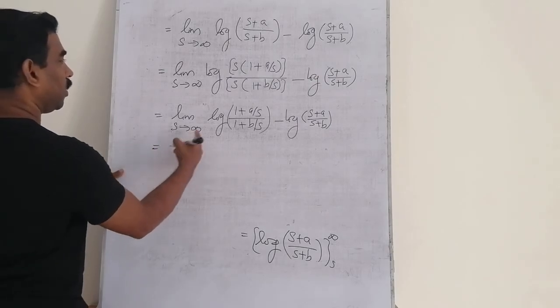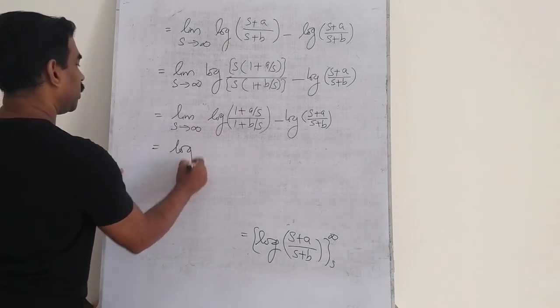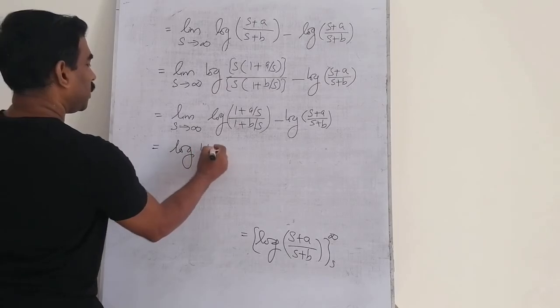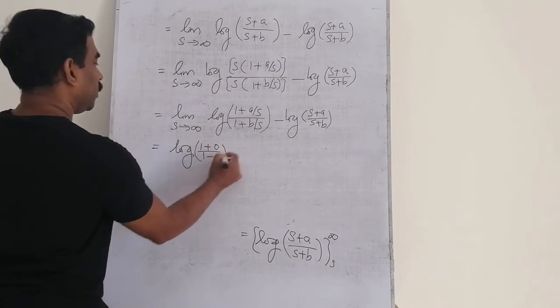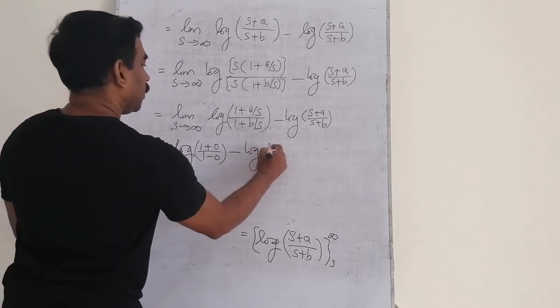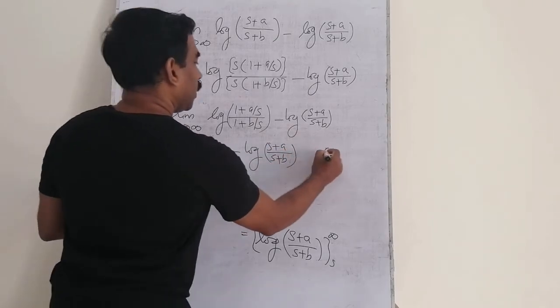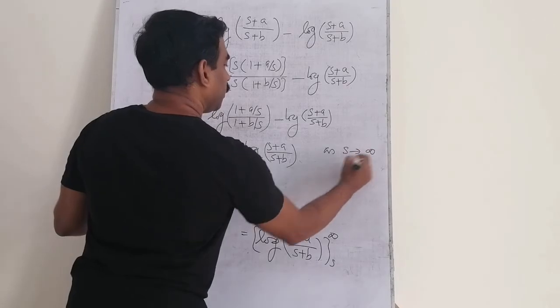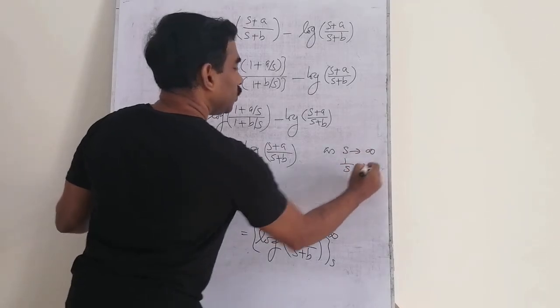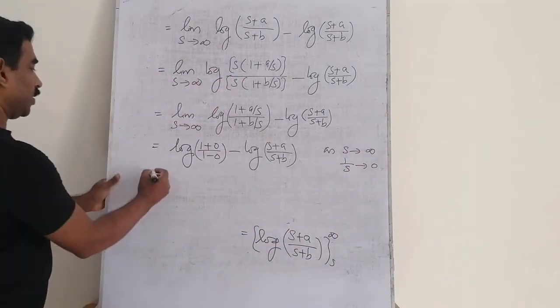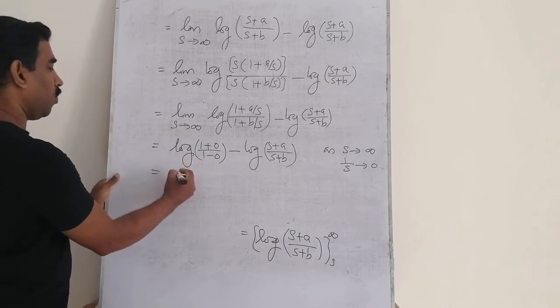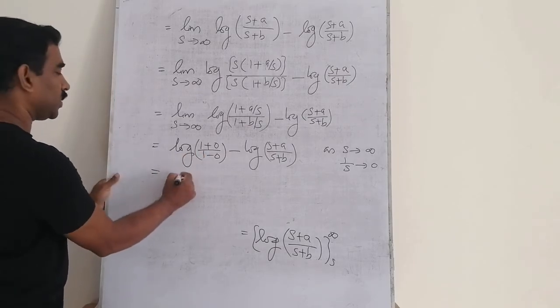So after applying the limit, this entire expression becomes log of (1 plus 0) by (1 minus 0)... minus log of (s plus a) divided by (s plus b), because as s tends to infinity the term 1 by s goes to 0. So the first expression is log 1, and the value of log 1 is 0.